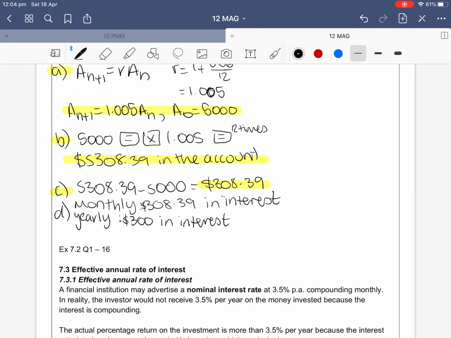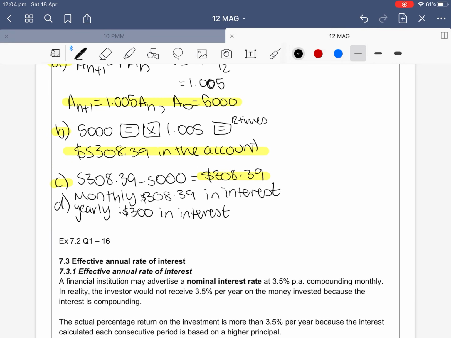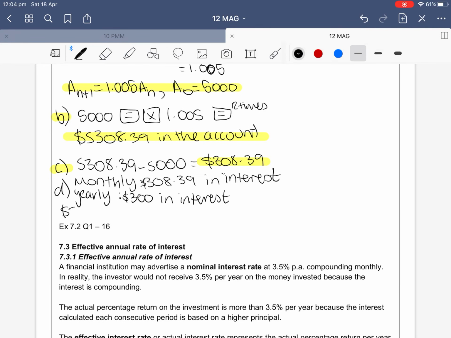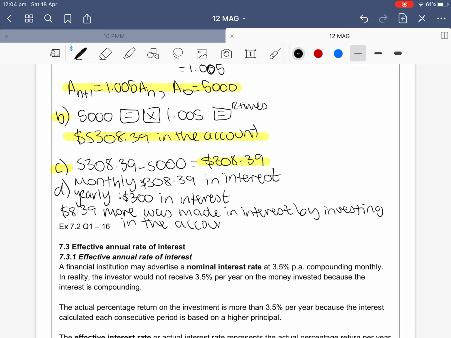We will say that $8.39 more was made in interest by investing in the account that compounds monthly.